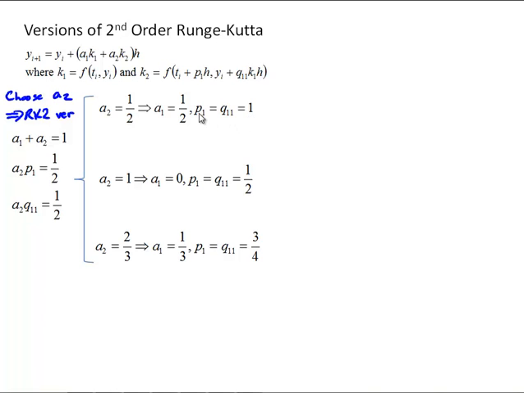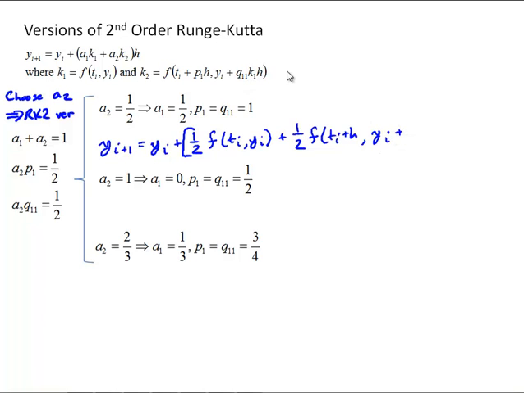So we can look at plugging those into our Runge-Kutta formulation, and we get yi plus 1 is equal to yi plus, plugging in for a1, which is 1/2, 1/2 k1, which is f at ti, yi, plus 1/2, and a2 is 1/2, and then k2 is now going to be f at ti plus h, since p1 is h, and yi plus q11 is 1, k1 is f at ti, yi times h.